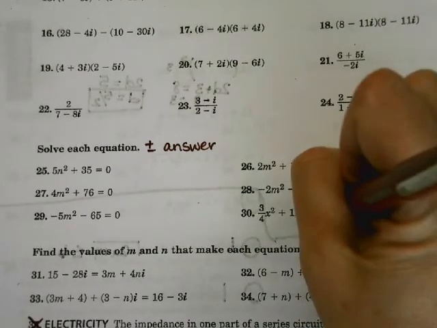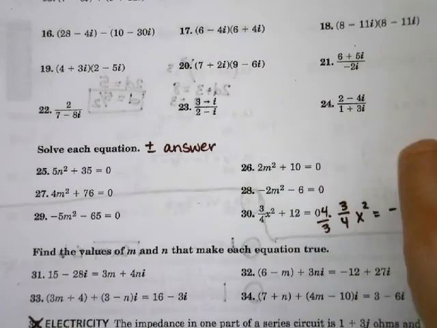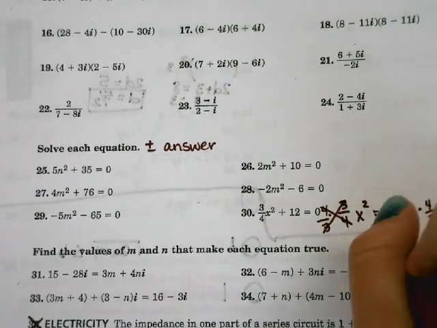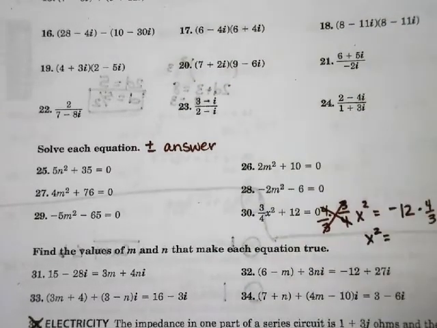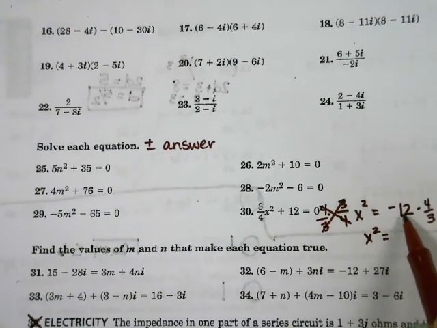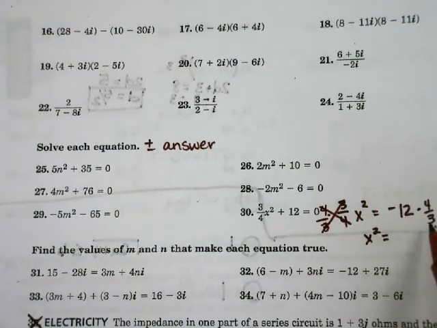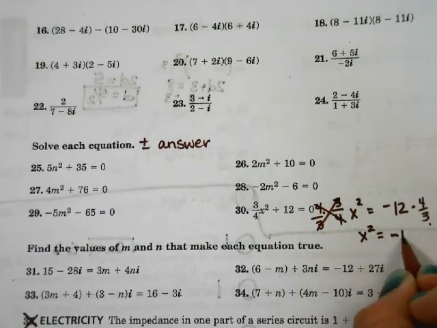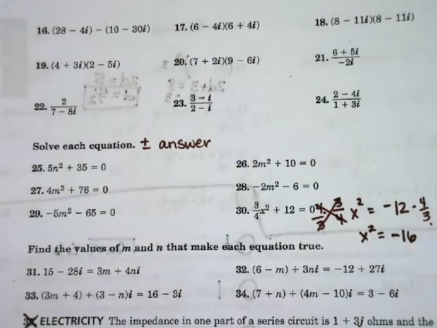So I'm going to multiply both sides by 4/3. Negative 12, I'm going to divide it by 3 first. So I get a negative 4 times it by a positive 4, and I get negative 16. Again, if you're not sure, you can use your calculator too.